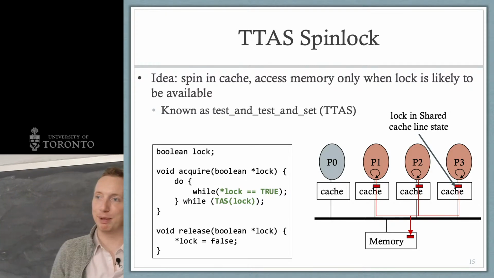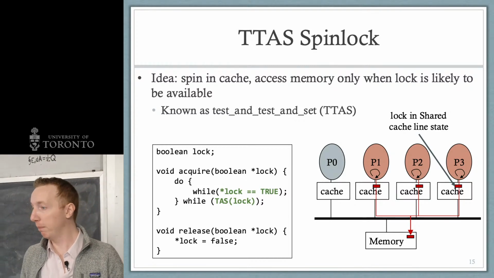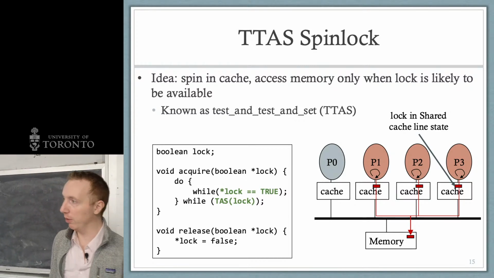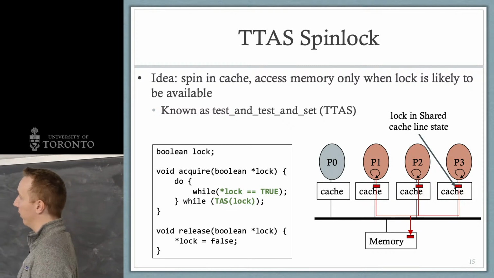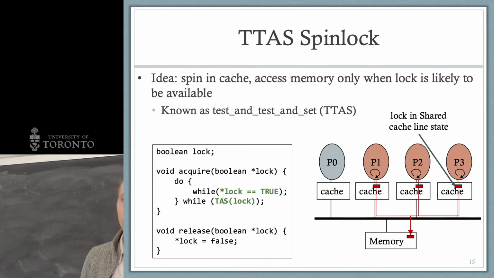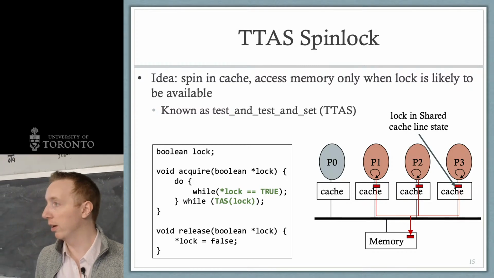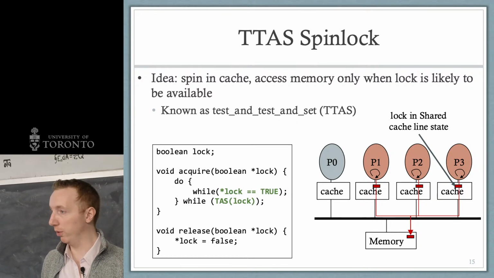The idea behind this is I'm only going to read that memory location over and over again until it is false. And then once I know it's false, I will try to change it to true, and only then have the bad cache invalidation caused by actually doing the store and the update.